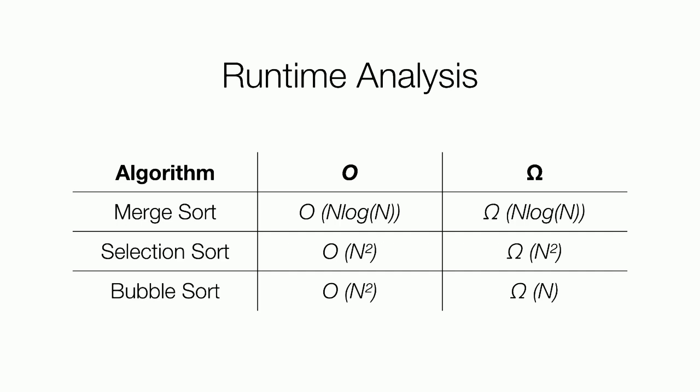So again, you can see from our theoretical definitions that merge sort does perform faster than the other two, since selection sort and bubble sort have big O of n squared. But now if we look at the third column, which is omega, we can notice that bubble sort does actually perform better than merge sort in the best case scenario.